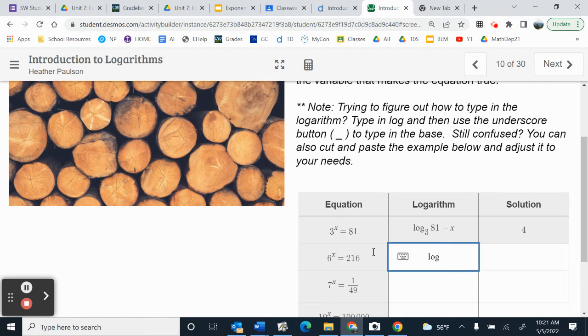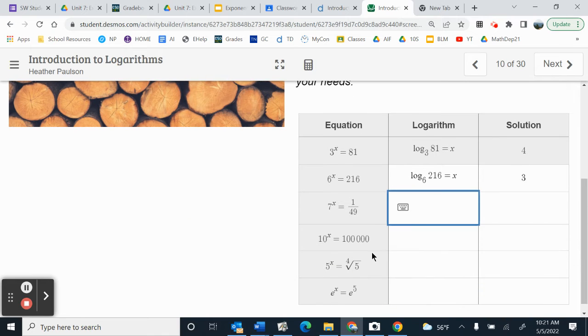Log, shift underscore to get that 6 as a base, and then arrow to the right to type the 216. And that's equal to x. Now, we know that 6 times 6 times 6 is 216, so the x value is 3.